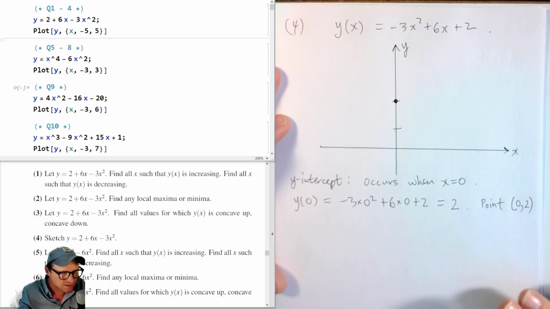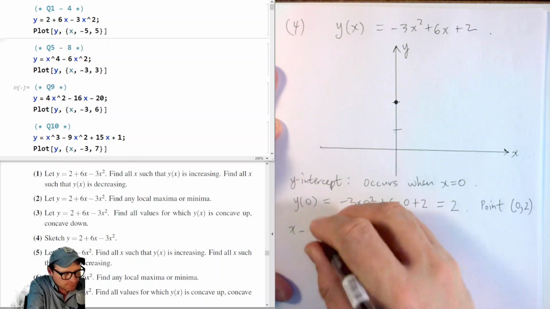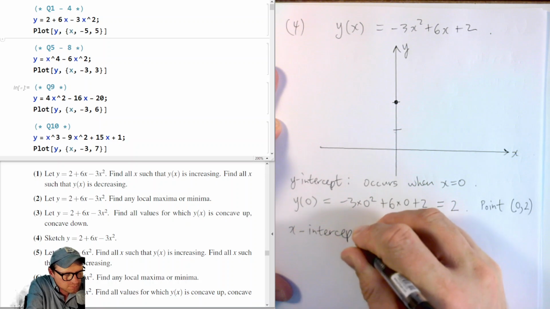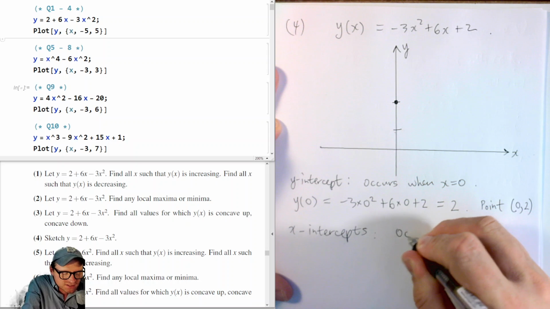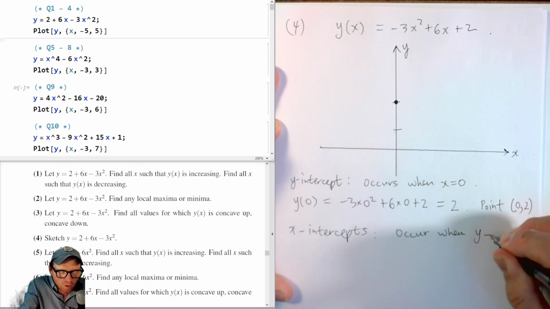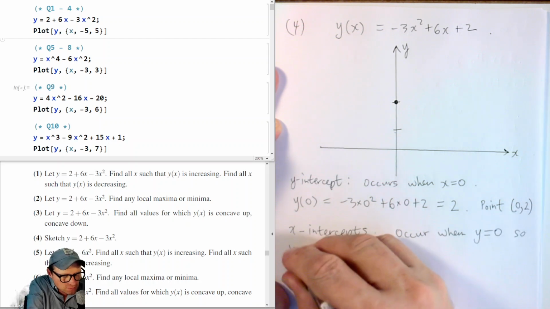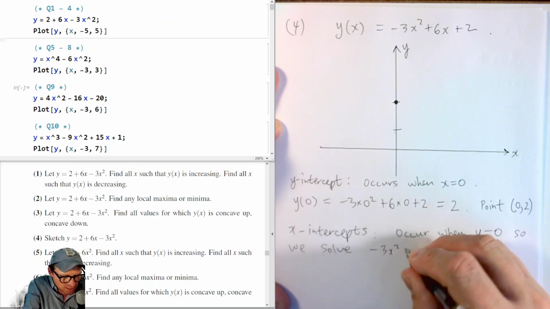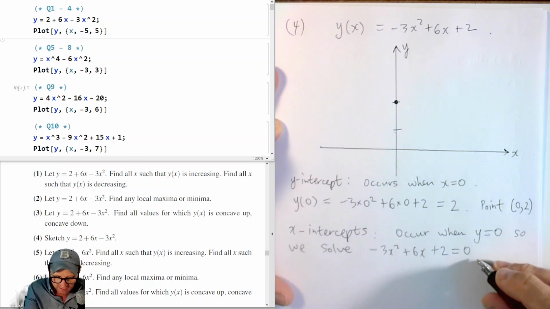So let's use the quadratic formula to find the roots of this. All right, so x-intercepts, and it's plural here because we'll get multiple. So these occur when y is equal to 0. And so we need to solve minus 3x squared plus 6x plus 2 is equal to 0 for x.